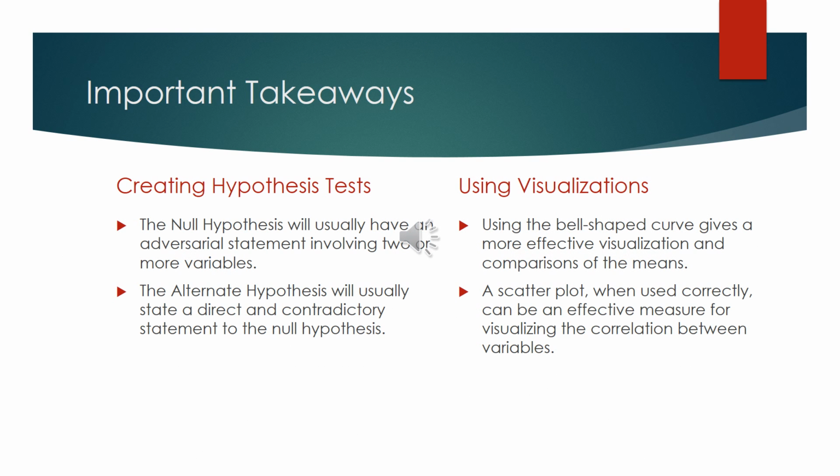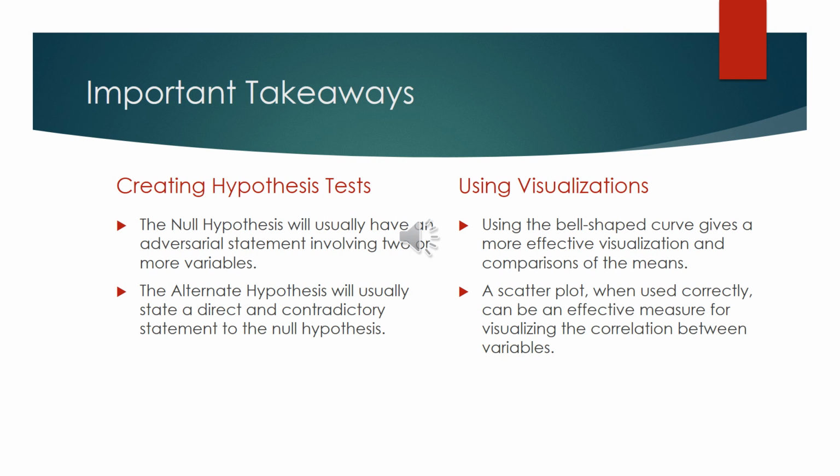Slide 7, we have the important takeaways. Creating hypothesis tests, there are a couple of takeaways that we got. The first one is the null hypothesis will usually have an adversarial statement involving 2 or more variables.